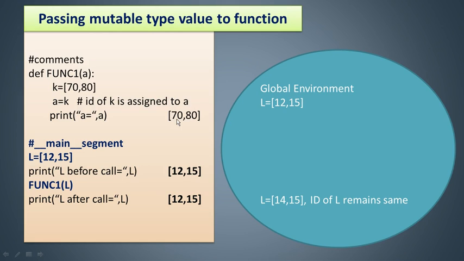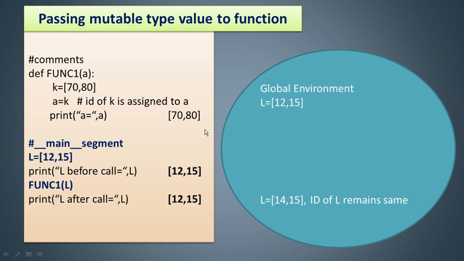Now, is that change reflected back outside of the function? No, because this L still has the original ID. It hasn't been changed. It will refer to the same values it was referring to before the function call. So there is no change. Clear? So passing and changing the value determines how the parameters will behave inside and outside your function body.